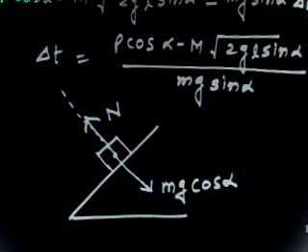If I consider the change in momentum along the direction of incline, I can easily calculate dp and dt, because in that direction only one external force is acting. Since friction is not there, the only external force is mg sine alpha. So it's easy to consider the motion along the direction of incline.